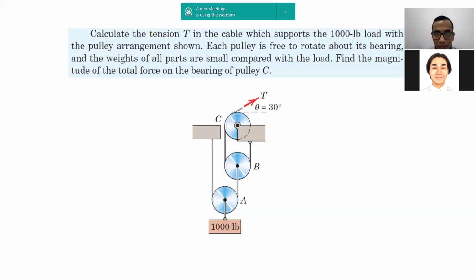Okay, I believe you read the problem. Anyone here want to help me solve this particular problem? Anyone?